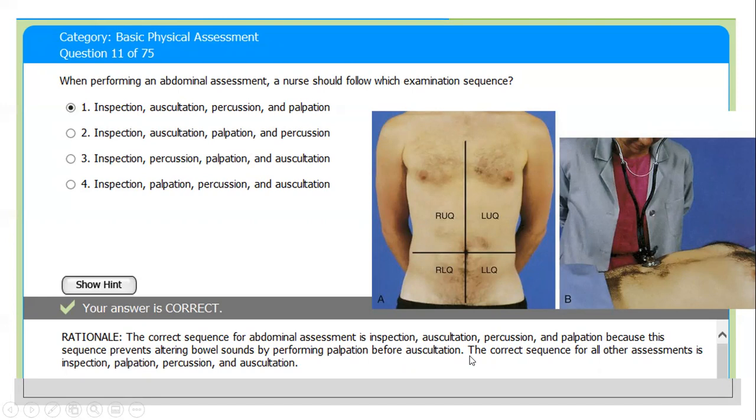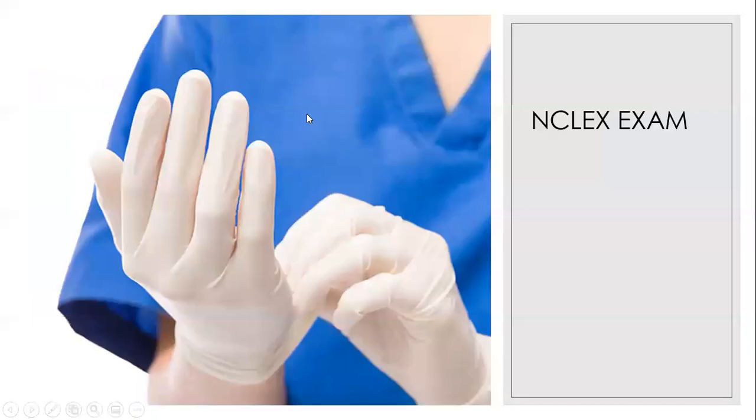For all other assessments like lungs and heart, we follow inspection, palpation, percussion, and auscultation. For the abdomen: inspection, auscultation, percussion, and palpation.